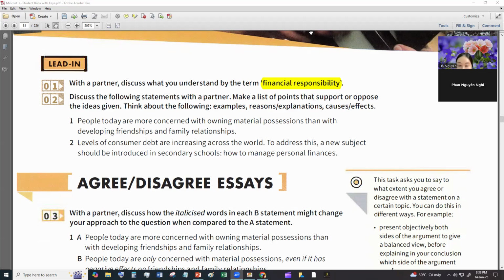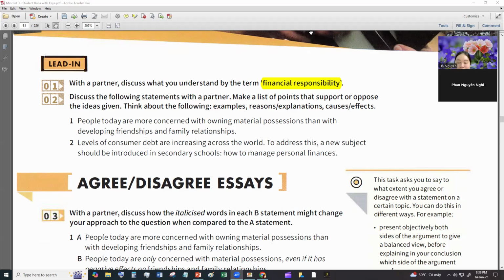You can read that aloud or paste that into the chat box. I was making a mind map, so I cannot paste that in the chat box, so I will read it aloud. Okay, thank you very much.